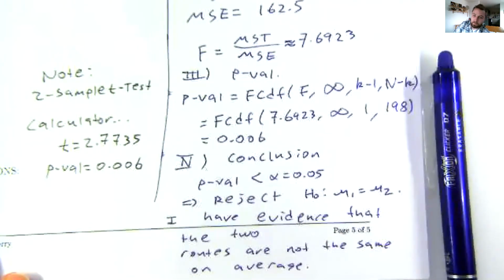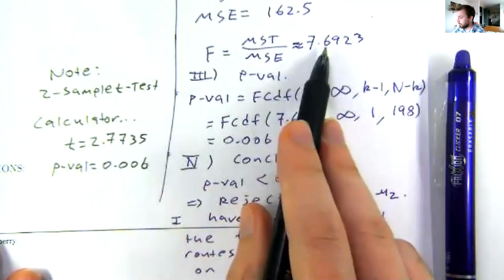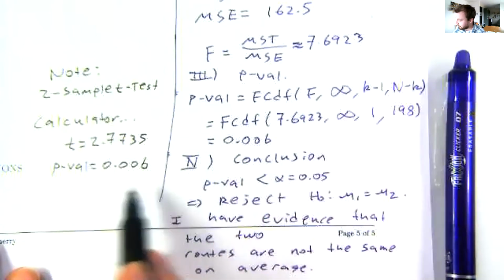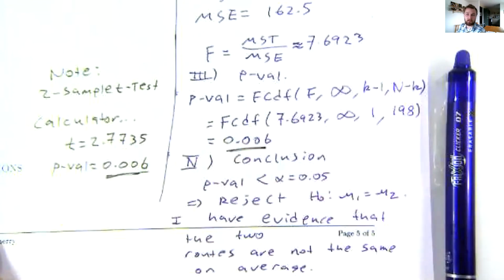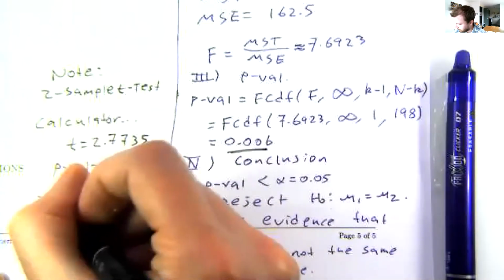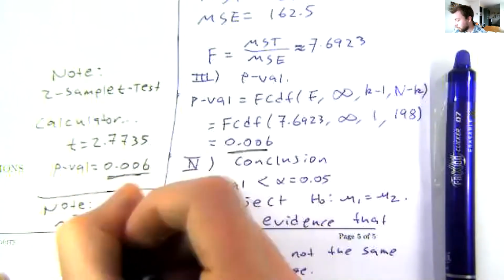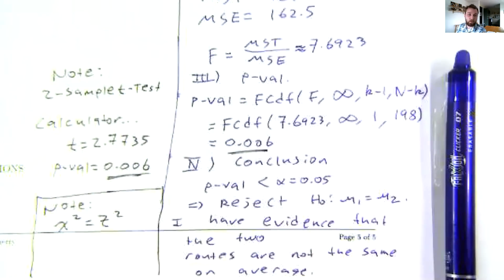So all roads lead to Damascus here. I have 2.7735, I have 7.6923. I have different t-scores and f-scores, but I still end up with the same p-value, 0.006. Previously, this is a note inside of a note, this is a note squared. When I took z-scores and I squared them, I ended up getting chi-squared.